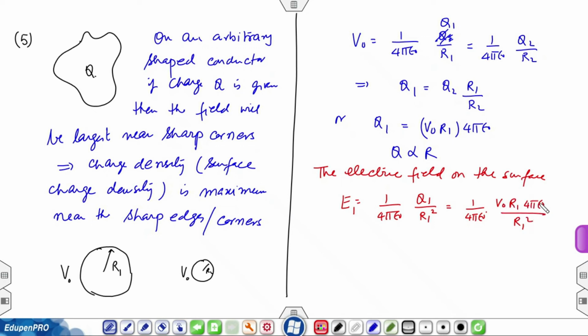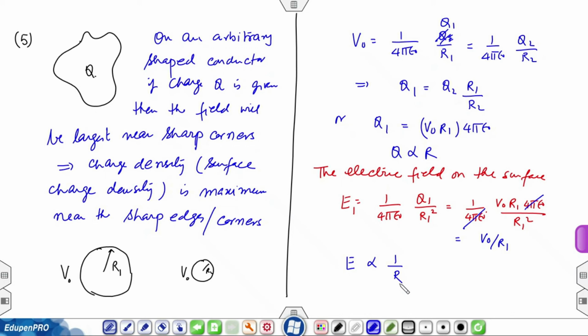The 4 pi epsilon 0 cancels, and you get this equal to V naught over r 1. So, what you find is for the same potential, electric field is proportional to 1 over r.